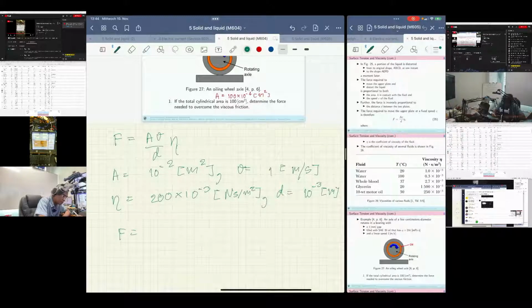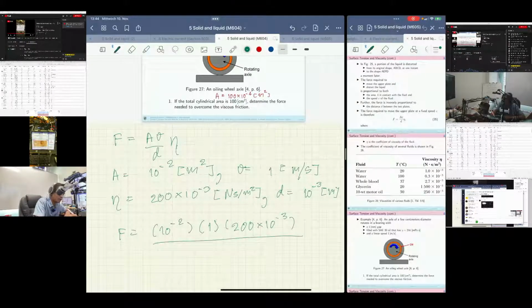F will be A, which is 10⁻². V is velocity number 1, and eta is 200 times 10⁻³, it's 0.2 actually, and divided by D, which is only 10⁻³.